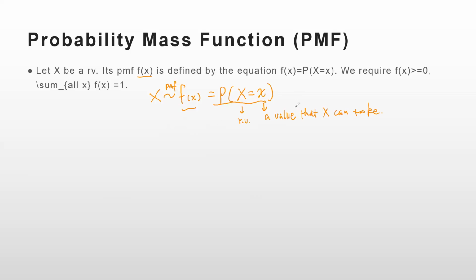The summation of f of x over all x, this is the summation notation, the sum of all the f of x is always 1. This satisfies one of the axioms of probability: the probability of the whole sample space is always 1.